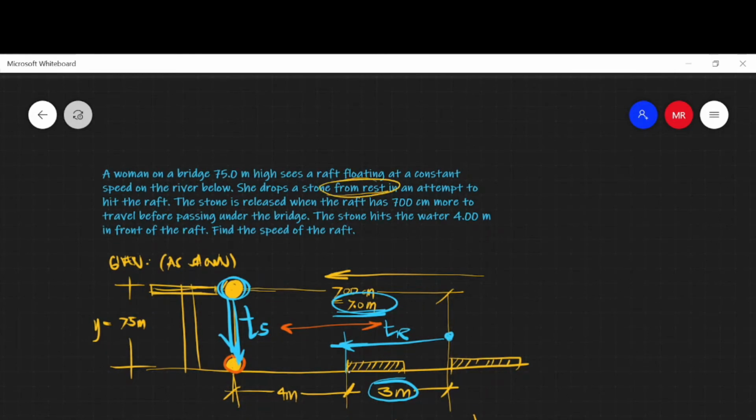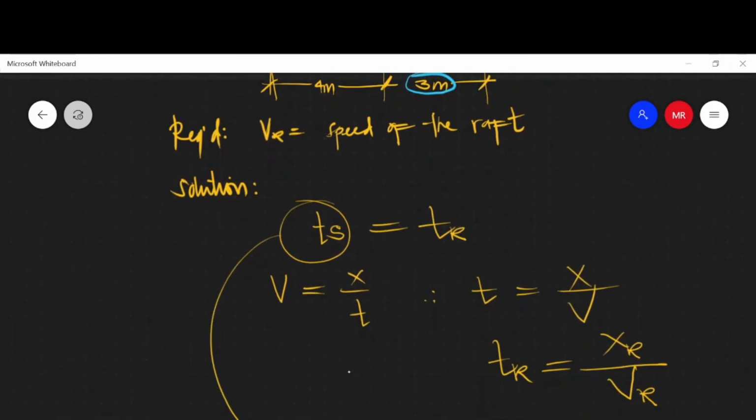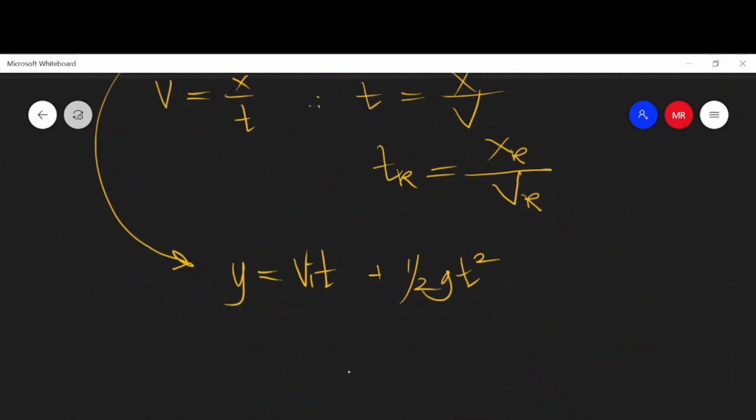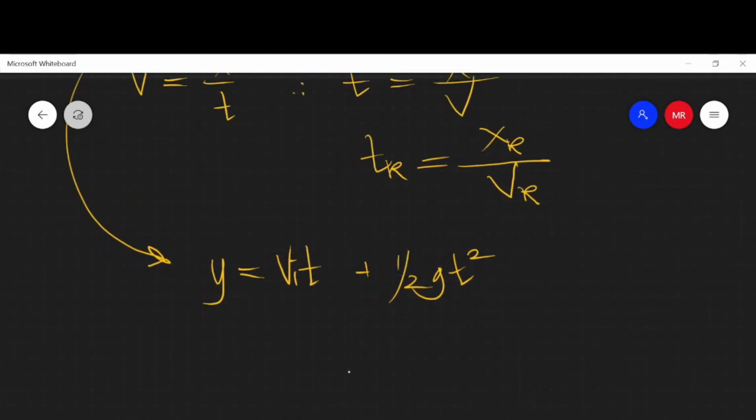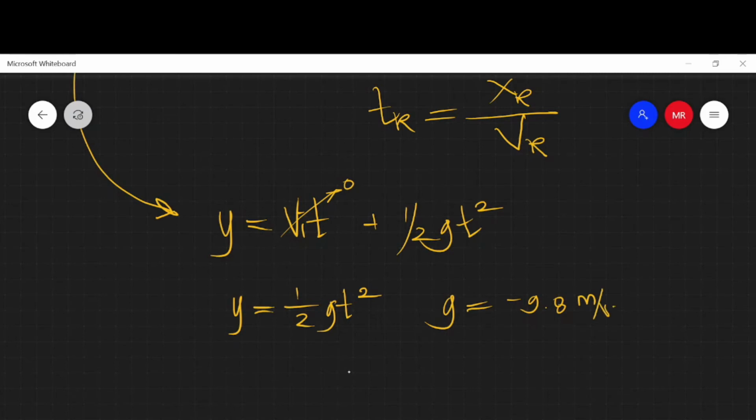So the initial term will be equal to 0. What we have now in our equation is y is equal to 1/2 g t squared, where g is equal to negative 9.8 meters per second squared.